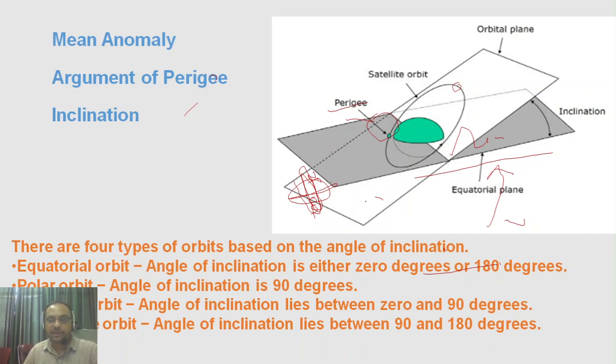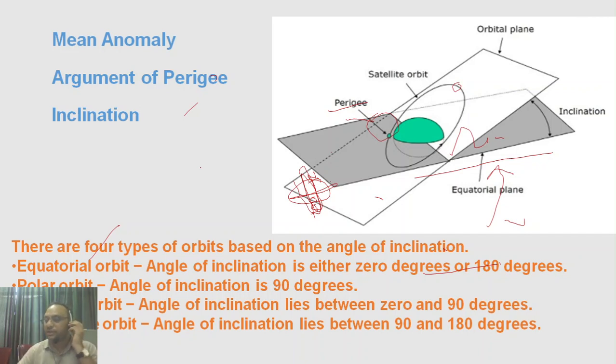If inclination angle is between 0 and 90 degree, then this type of orbit of satellite is called prograde orbit. Okay. Now next orbit is called retrograde orbit. If the angle of inclination lies between 90 degree and 180 degree, then that orbit of satellite is called retrograde orbit.